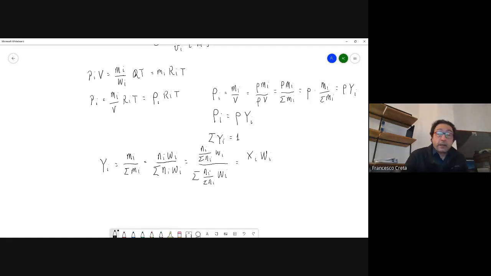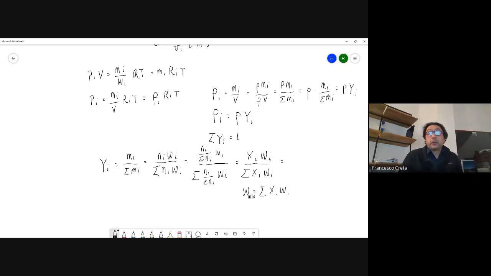And in here you have the sum of the mole fractions times the molecular weight. We call this the denominator, because it's like a weighted average, where the weights are the mole fractions of the molecular weights. This is the mixture average molar weight or molecular weight.